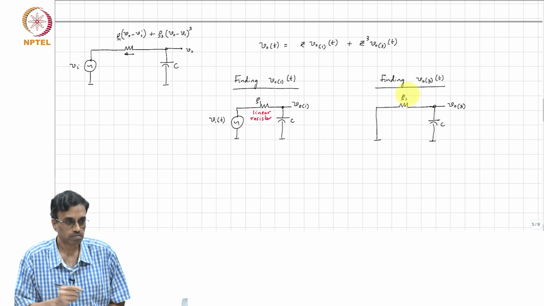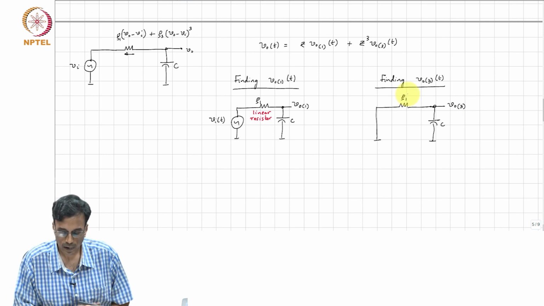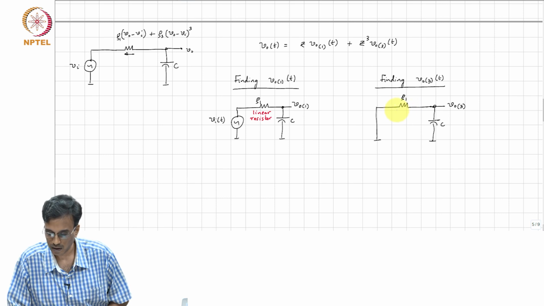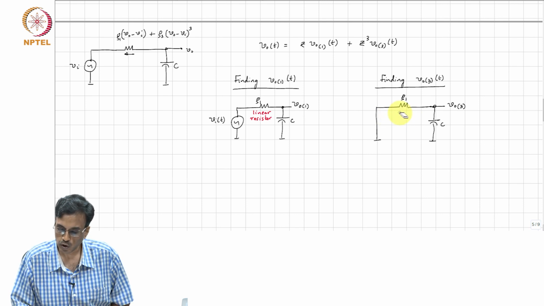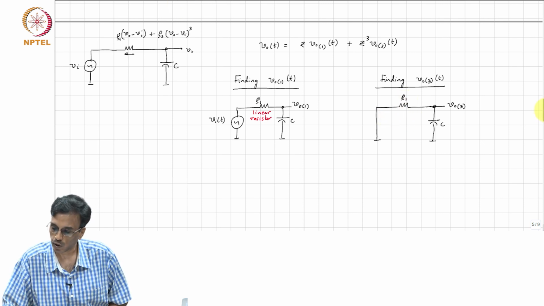This is G1. And this current is G1 times V01. It does not depend on V02, since V02 is 0. So, what do we need to put in?